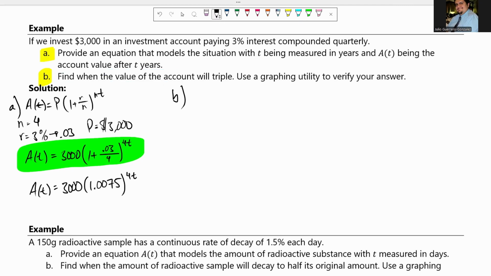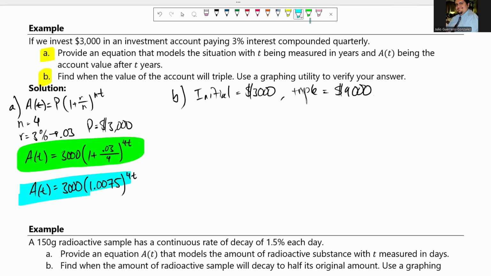So if the initial amount was 3,000, then triple is equal to 9,000. I want to find when this equation becomes triple the original amount.